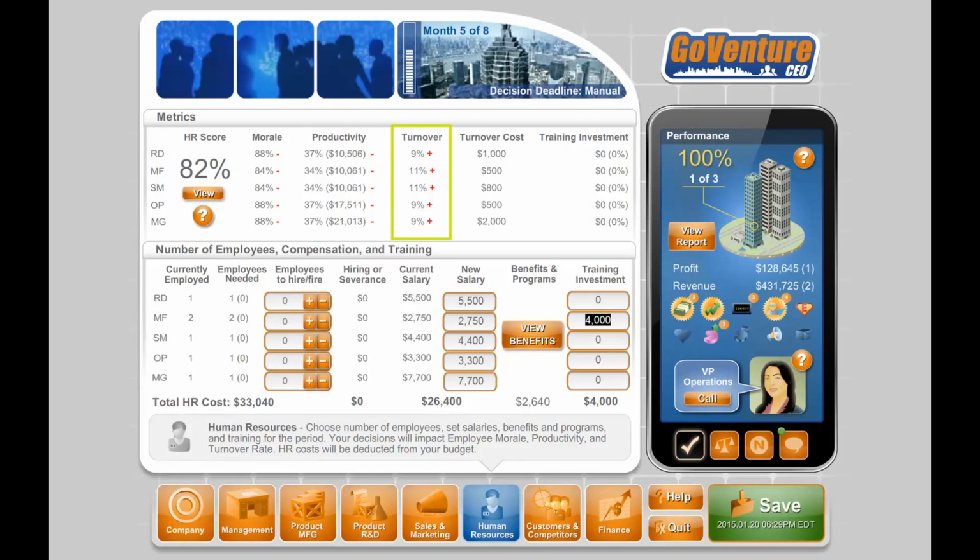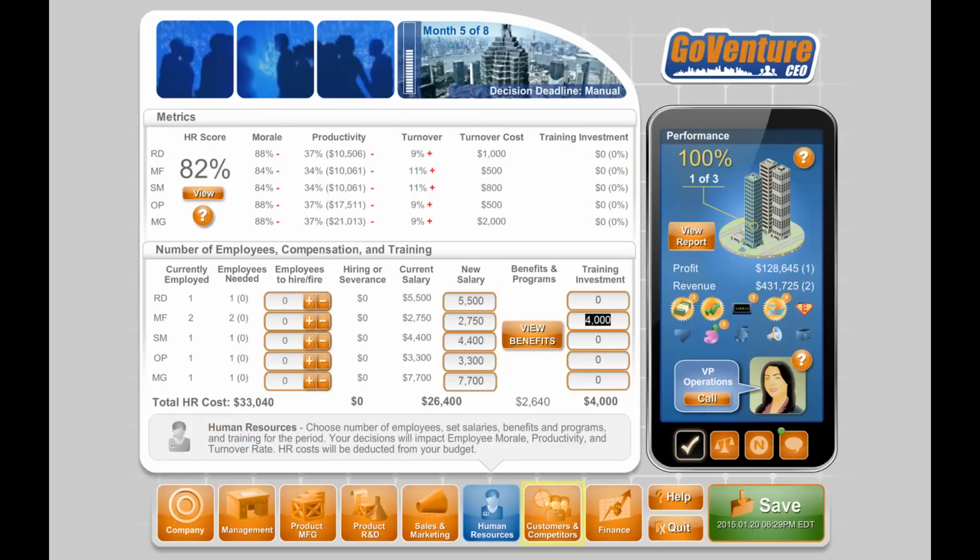Turnover rate is the percentage of employees that leave your business and are automatically replaced by new hires each period. Turnover rate is affected by morale. The combination of these metrics determine your HR score. HR score represents how successful you are at managing employees compared to competing businesses. You can find out more about this by clicking the Help button.